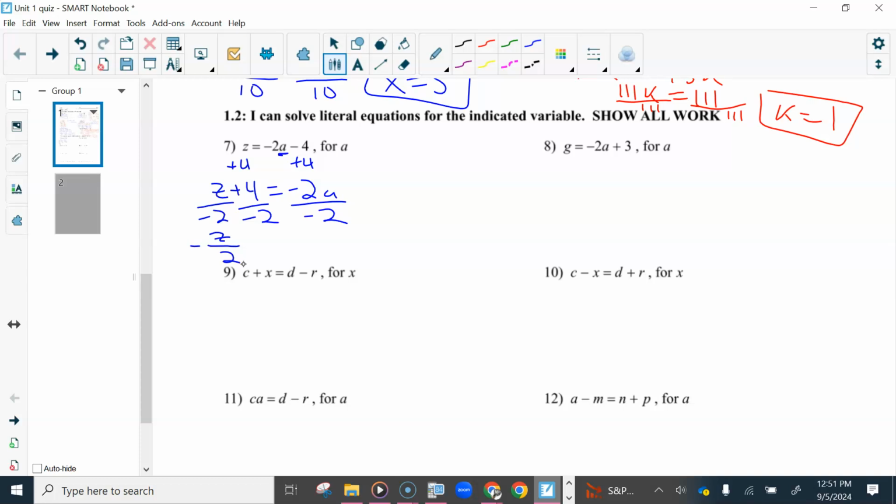So negative Z over 2 minus 2 is what this one would change to, equals A. You could have also added 2A to both sides, got rid of Z, and then dealt with it that way. We would have ended up with the same thing. What questions do we have on that one? Or anything there that didn't make sense?